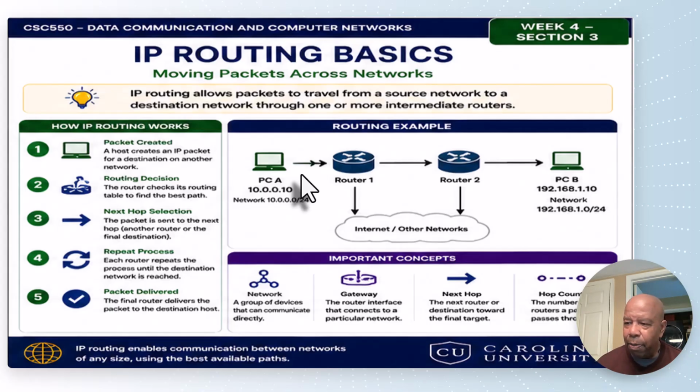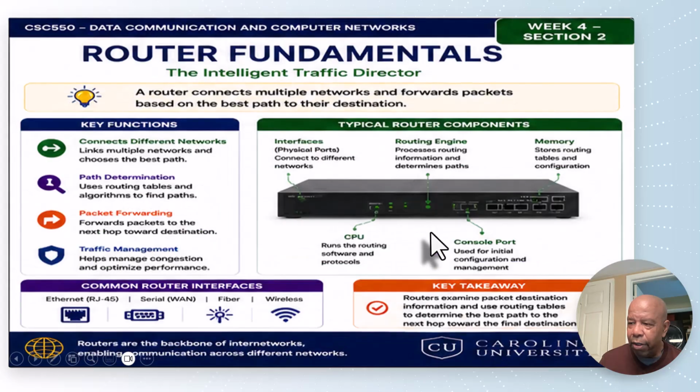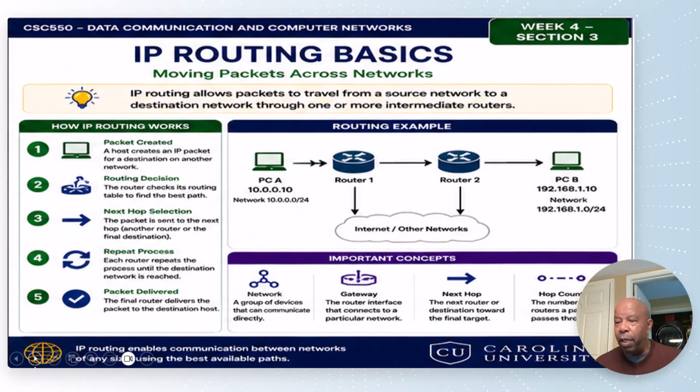We start out with an IP address of 10.0.0.10, and it's going to IP address 192.168.10. Depending on the process, we might go into other routing scenarios, here showing the internet and other networks.